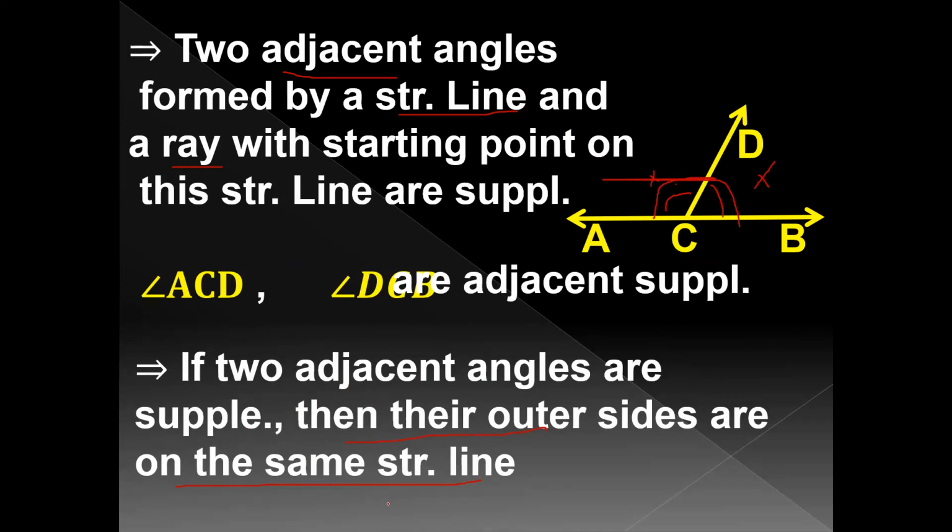If two adjacent angles are supplementary, then their outer sides are on the same straight line.